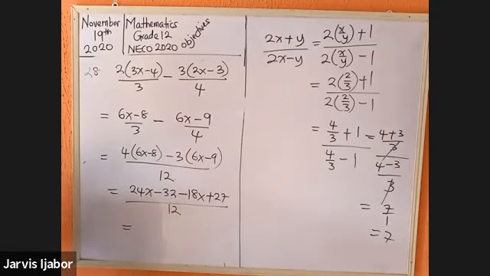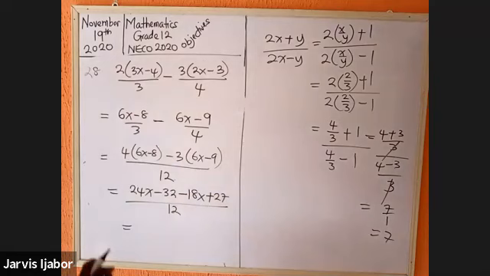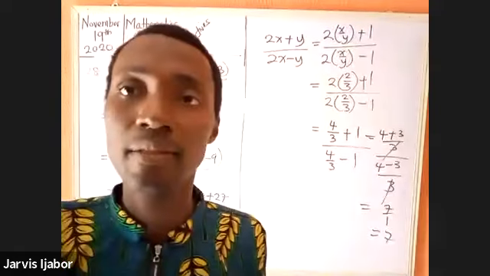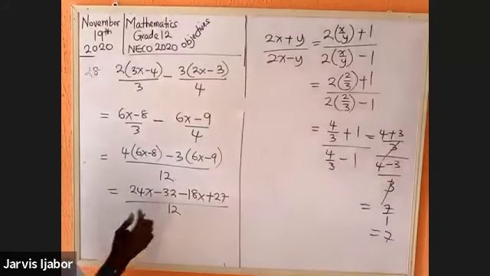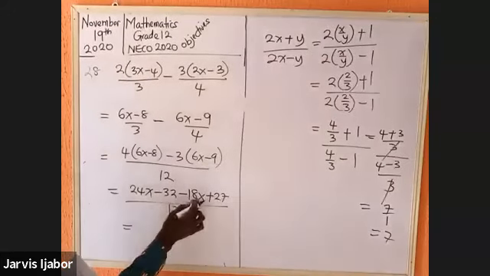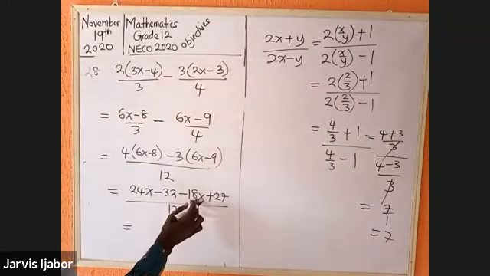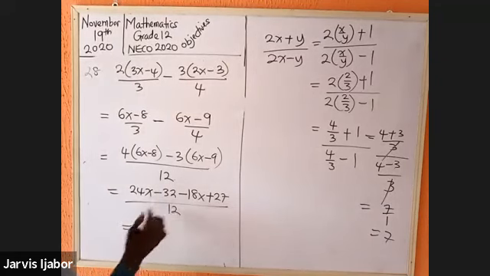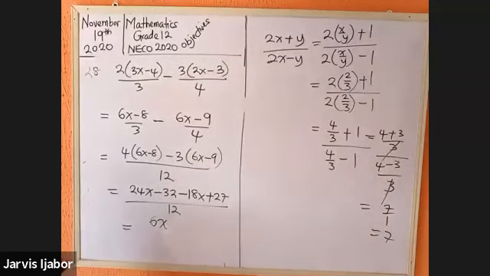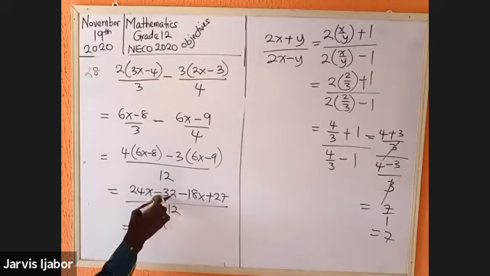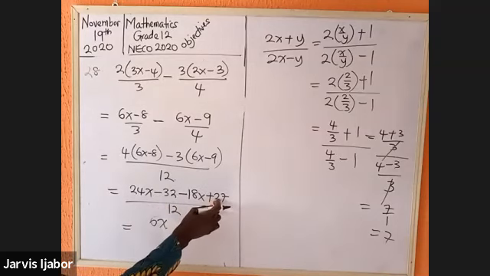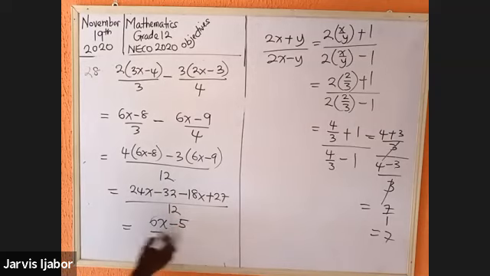So sometimes we talk about arranging things. This will give me 24x minus 18x, which is 6x. I hope I'm right with that. Negative 32 plus 27 will give me negative 5.